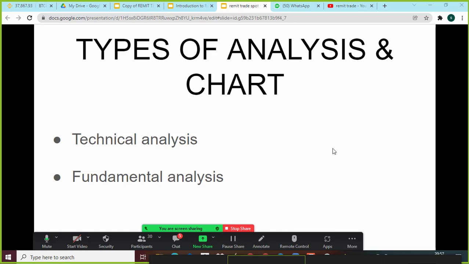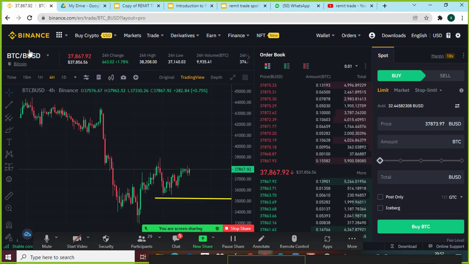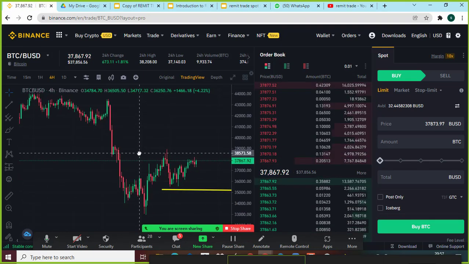Now, when we talk about technical analysis, it's the use of historical price action. Technical analysis is the use of historical price action, charts, and patterns that emerge to predict market direction.